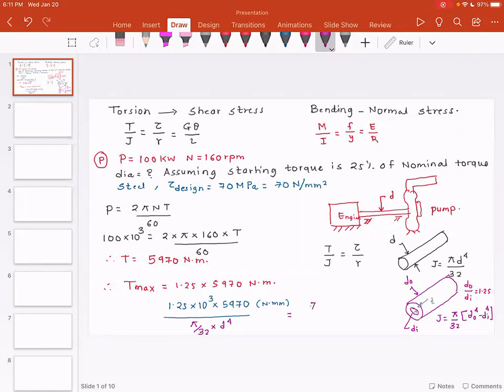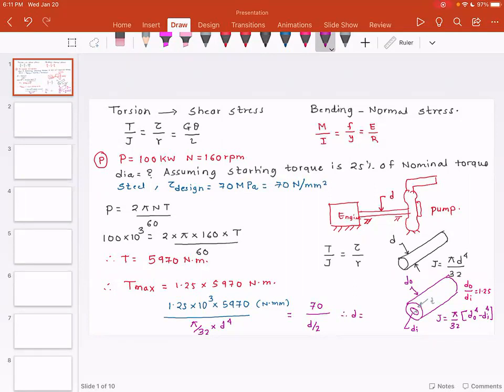tau value, it's 70, divided by r, which is the radius, which is d by 2. And now the only unknown in this equation is the value of d.